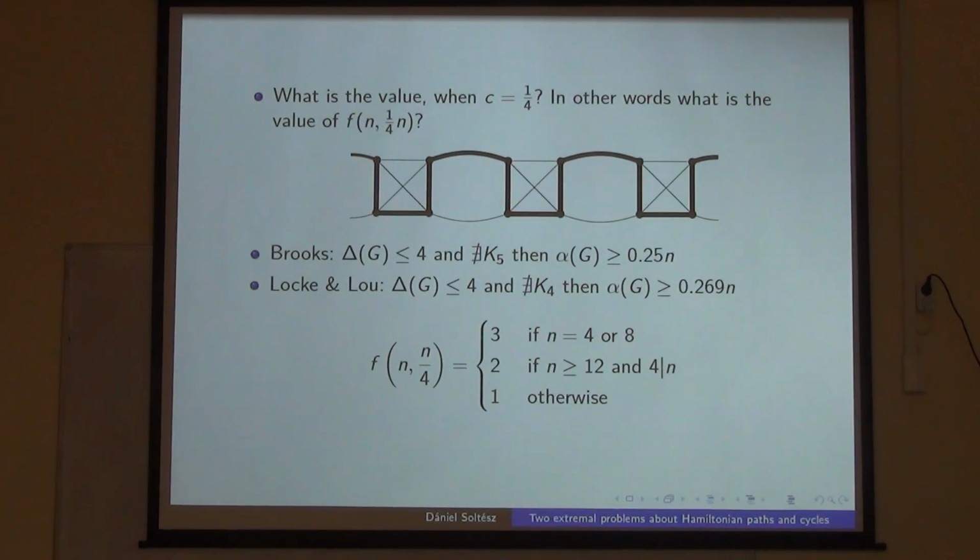And otherwise, you can't have just 1. And well, even the fact that f of n and a quarter times n is bounded, even that I cannot prove without using this theorem, which is a rather uncomfortable proof. So I suspected that it's trivial, but I couldn't do it in a trivial way. So that was the first problem that I would like to talk about.